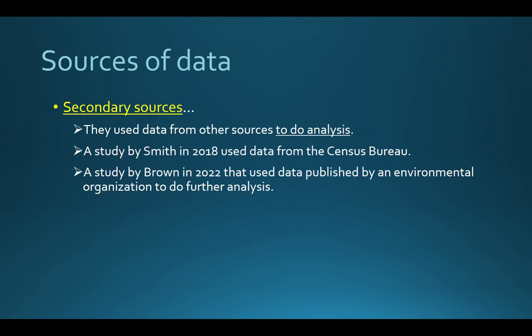Or maybe there's a study by Brown in 2022 that used data that was published by an environmental organization. And Brown is taking that data, but doing their own analysis on that and generating potentially new conclusions.